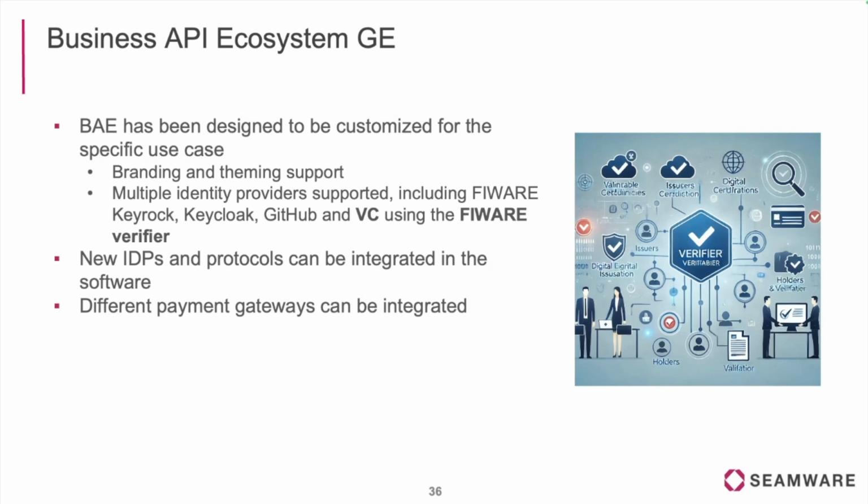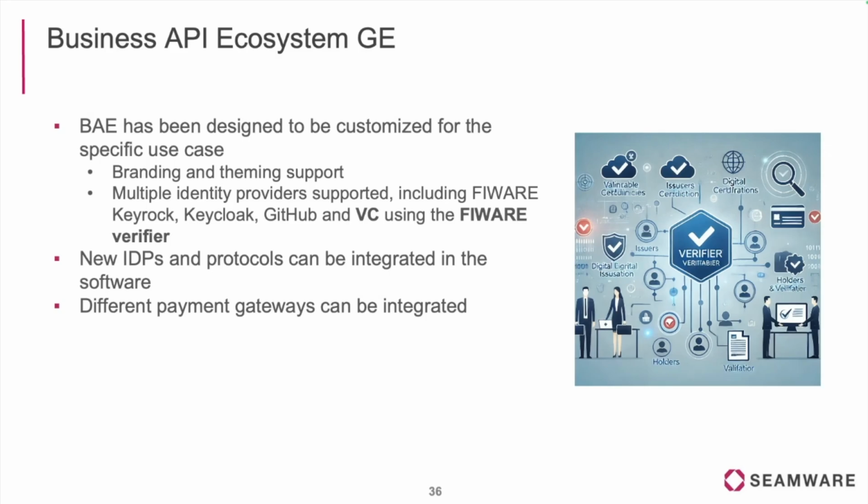So it includes branding and theming support. You can change the colors, you can put your logo. It comes with a graphical interface, so you can do that. It is integrated with multiple identity providers, which includes FIWARE Keyrock, but also a Keycloak instance if you are going to use OpenID Connect.